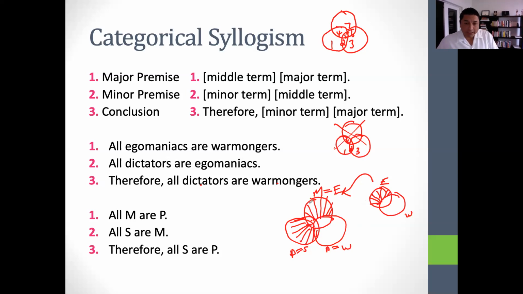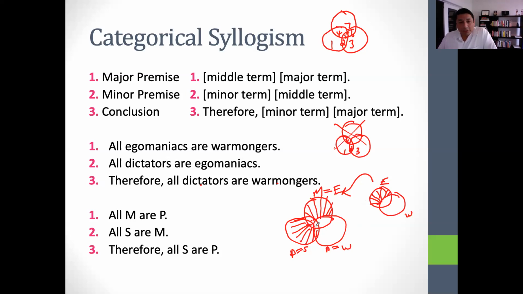So the information in the conclusion is contained in the premises insofar as you have a sector where all the dictators are warmongers. There are no dictators that exist in this sector or that sector. All the dictators that do exist are going to be with the warmongers, and they're right there.